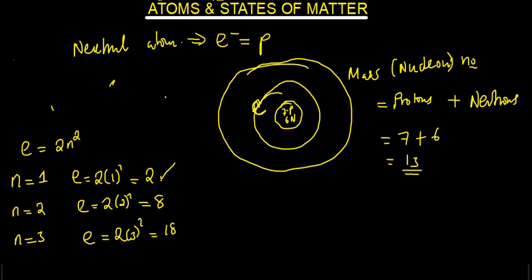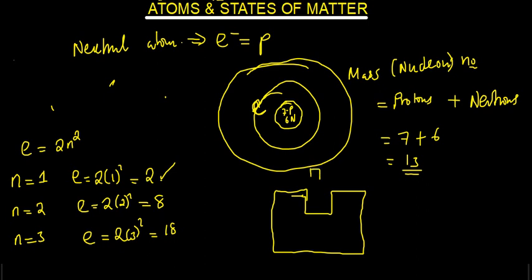Another thing that you need to understand about these shells is when you go on your periodic table, the periodic table is something like this. You are going to have hydrogen.